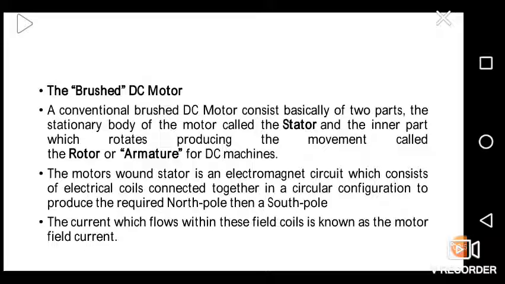The motor wound stator is an electromagnet circuit which consists of electrical coils connected together in a circular configuration to produce the required north pole and south pole. The current which flows within these field coils is known as the motor field current.